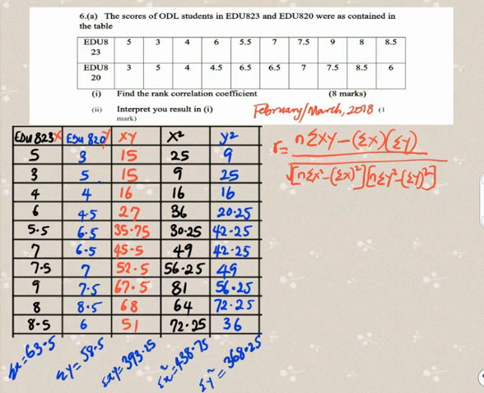Okay, let me quickly change my pen. So we have n, which is the total number, the total score, rank 10. So we have 10 multiplied by summation xy. Summation xy is given here, 393.25.